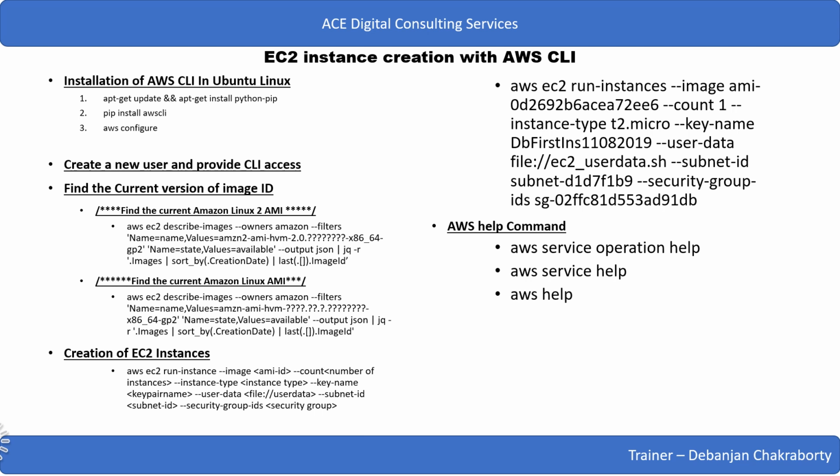Once the configure part is over, you can work to create the EC2 instance. I will show you in the next slide. For the time being, these are the commands we will be using during the demonstration.